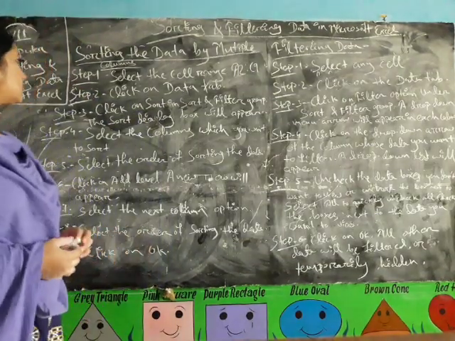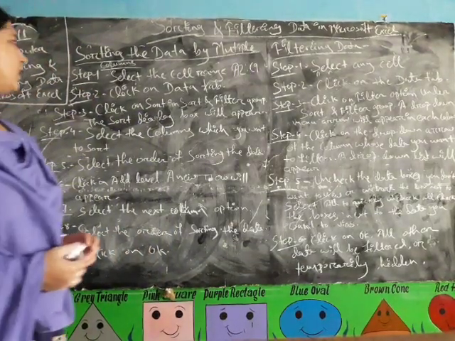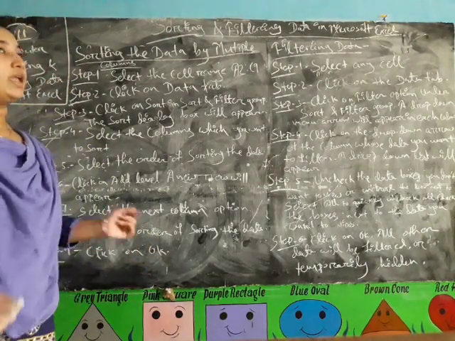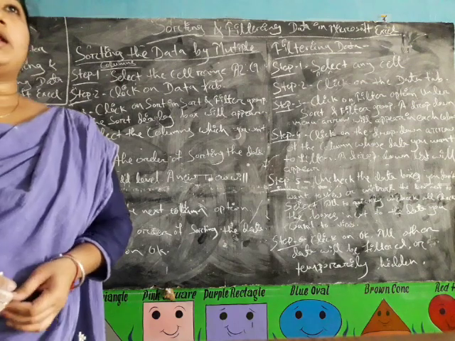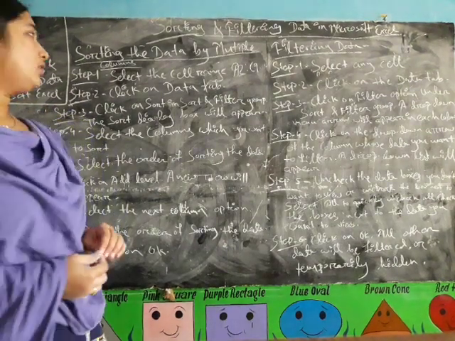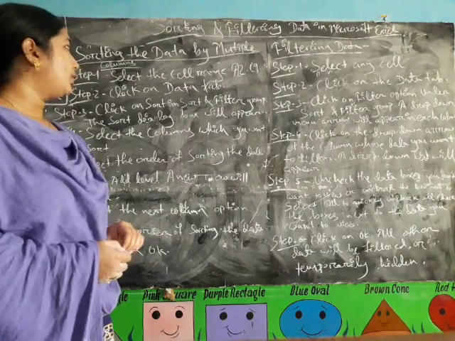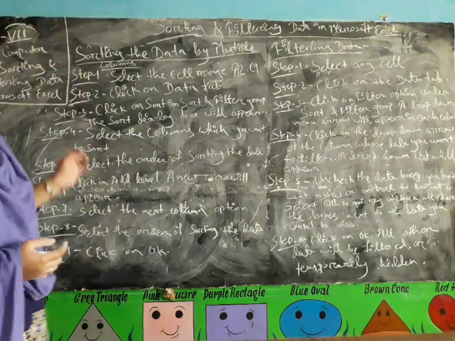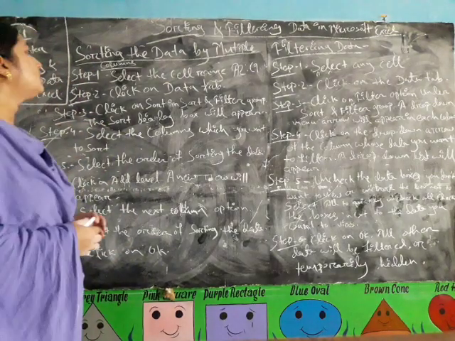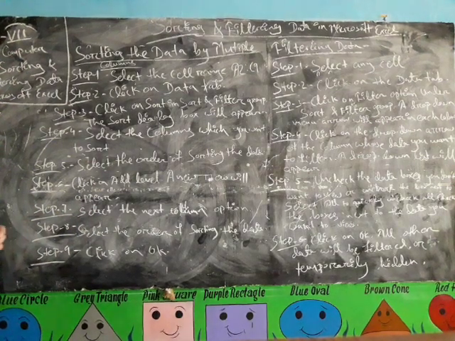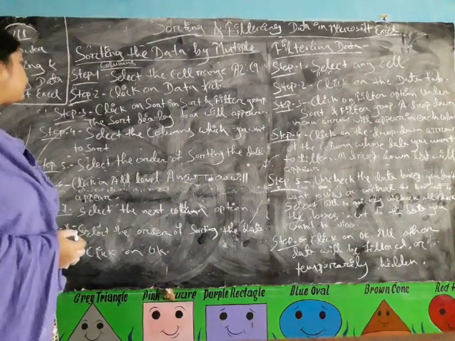Now we discuss sorting the data by multiple columns. For this, let me take an example. In a class, we have to find out the tallest student. For that, in step 1, select the cell range A2:C9 and click on the Data tab.